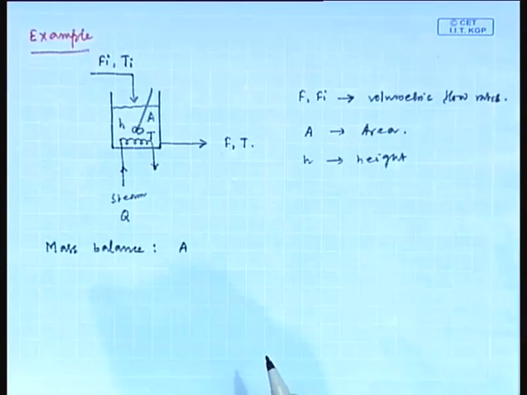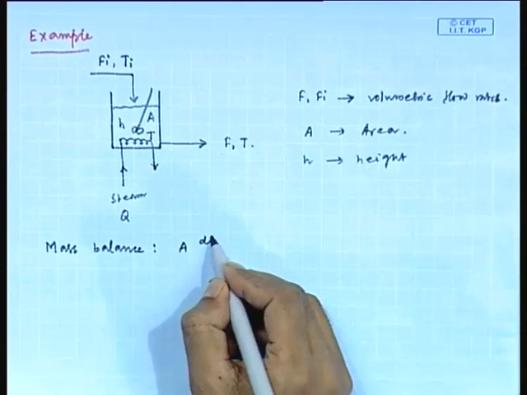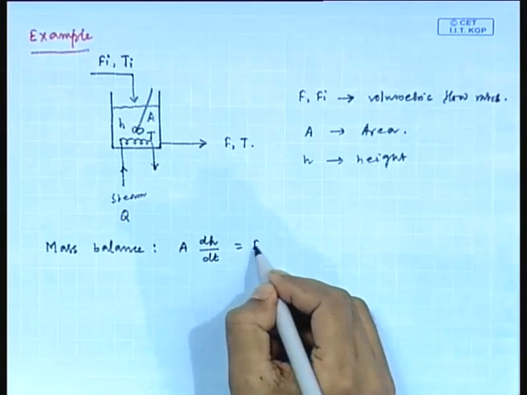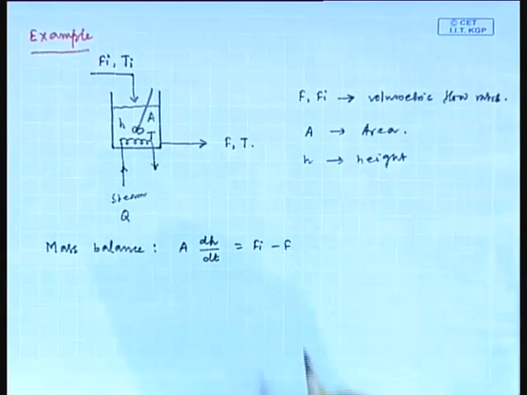So, we obtain the mass balance equation as A dH/dt equal to Fi minus F. This is the mass balance equation.